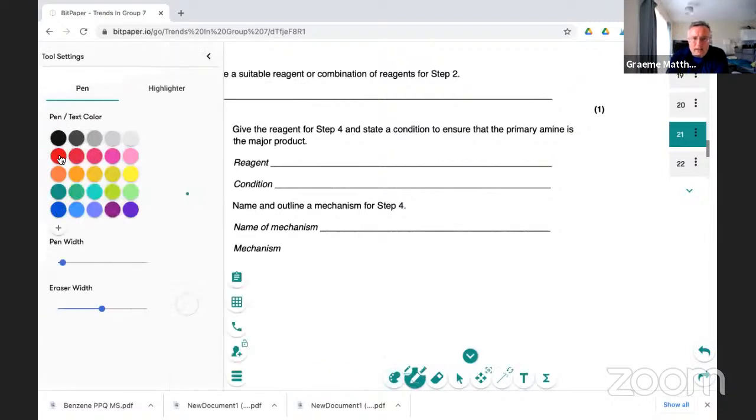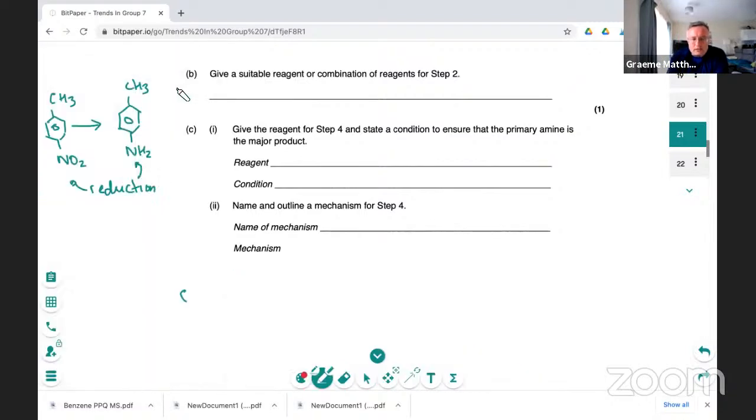They're hoping that you think, oh hold on, reduction, isn't that sodium borohydride?